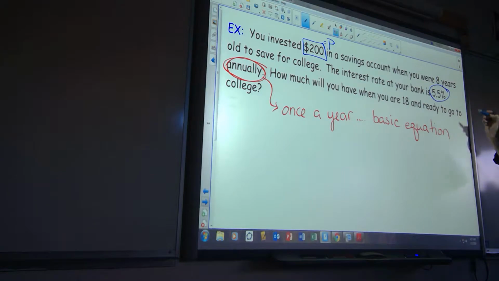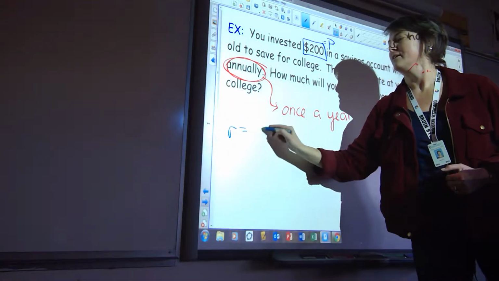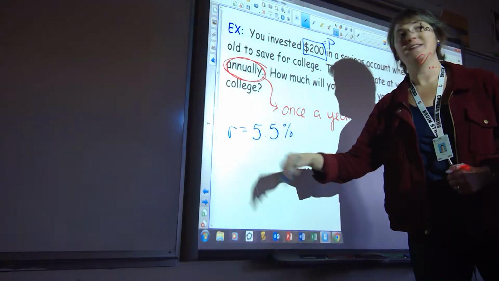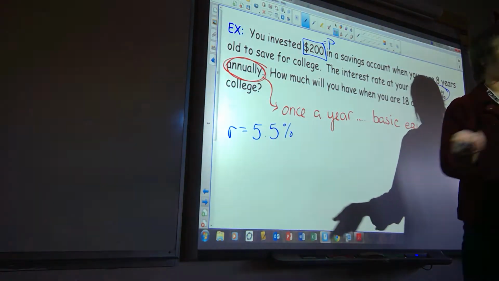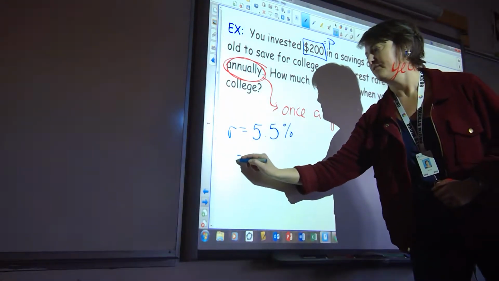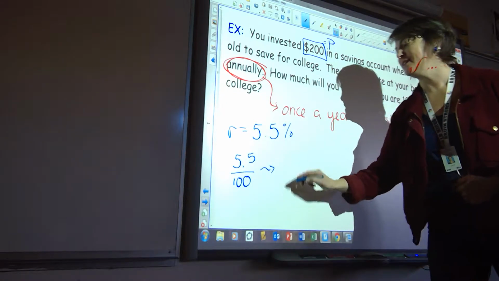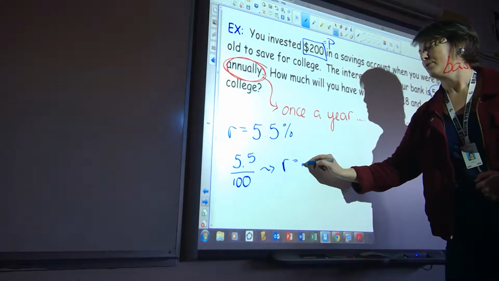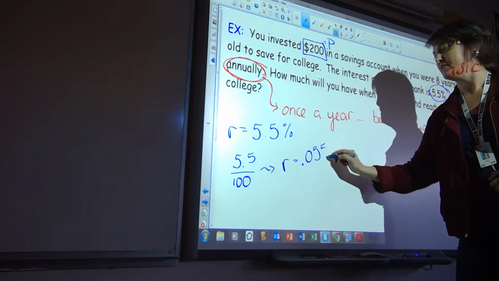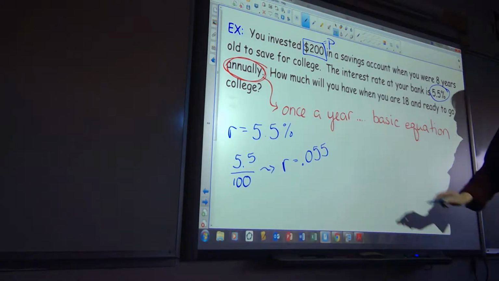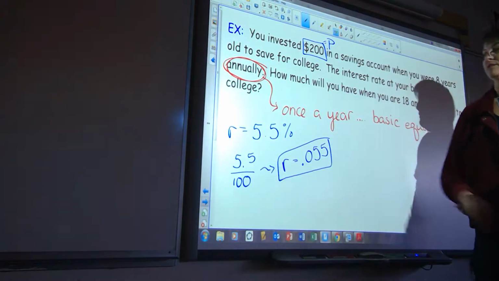Let's see. If r is 5.5%, then what we really need to use in the formula is 5.5 divided by 100. So what we really need to use for r is 0.055. Okay, so that's what we'll use in the formula.